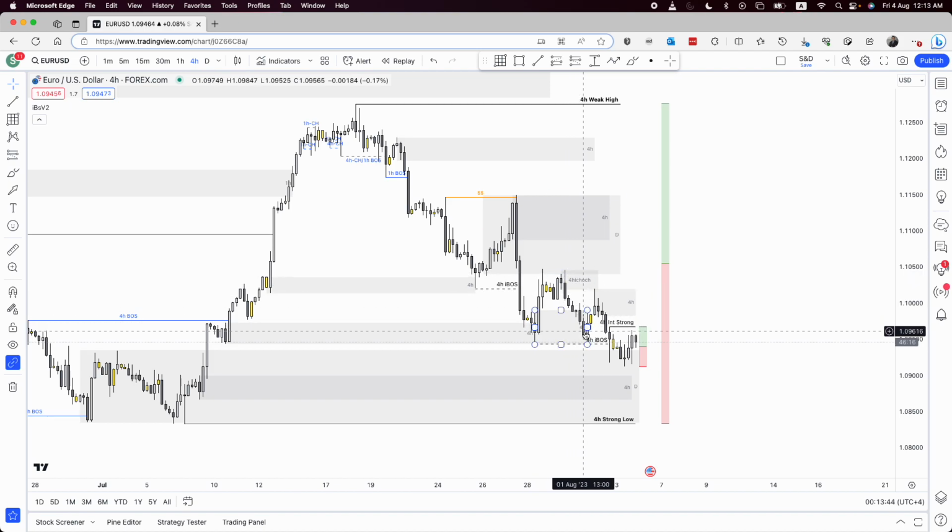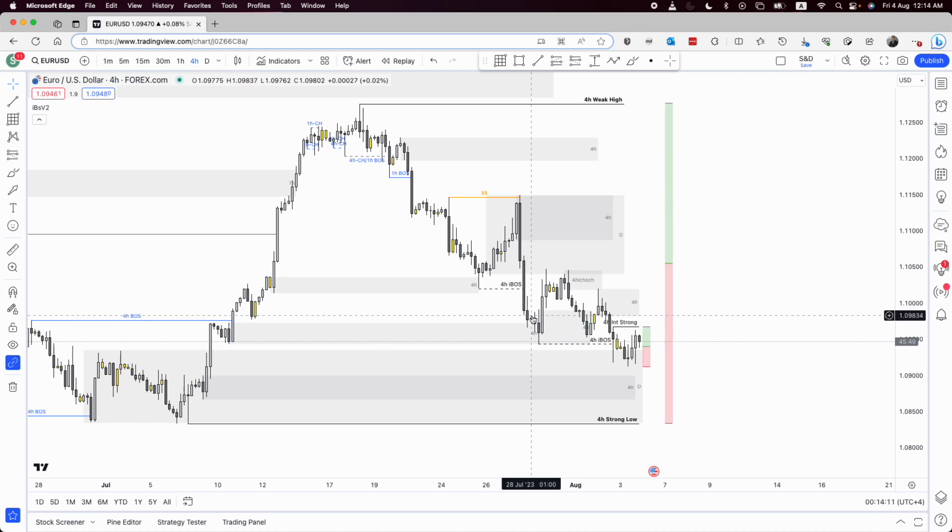It came in and did have a certain reaction to this demand that you see over here on the pivot on the 4H. The reason this demand was important is because it did create some level of structure break. At the minimum, we saw a chalk happen when this bull candle broke the high wick of this bearish candle. That's when the chalk happened, because this low broke this low broke this low, and we look at the highest point on the candles, and it turns out that this is higher than this is higher than this, so it makes sense that the wick of this bearish candle is the chalk line.